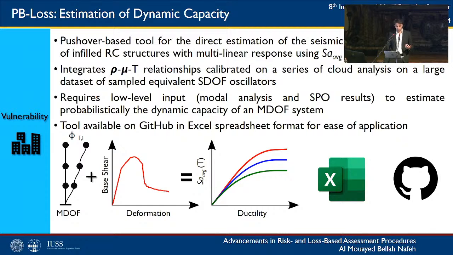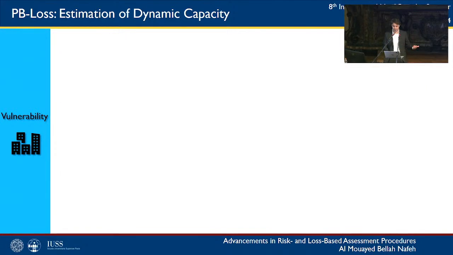Now this tool requires low-level input, such as modal analysis and SPO results, to estimate probabilistically the dynamic capacity of an MDOF system. And besides the fact that the tool is open access, perhaps its biggest advantage is that the dynamic capacity gets estimated more efficiently and in a probabilistic way, allowing the user to leverage fundamental concepts in performance-based earthquake engineering, such as uncertainty propagation.